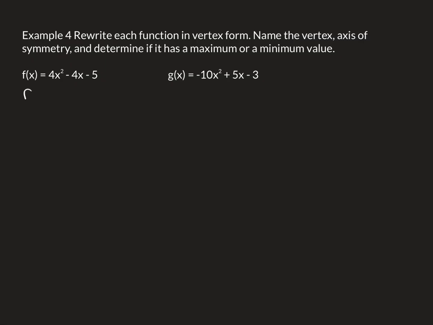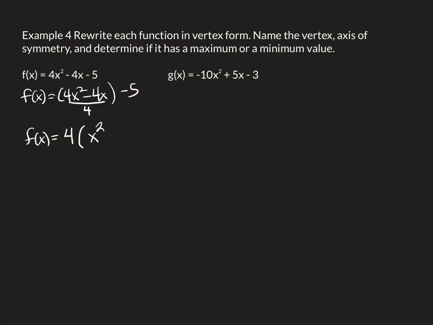Okay, so I'm going to group the quadratic and linear term together. I notice right away that I have an a value there, so I'm going to divide by 4. It said on the previous slide, we're factoring it out, place that 4 on the outside and then divide both of those by 4.